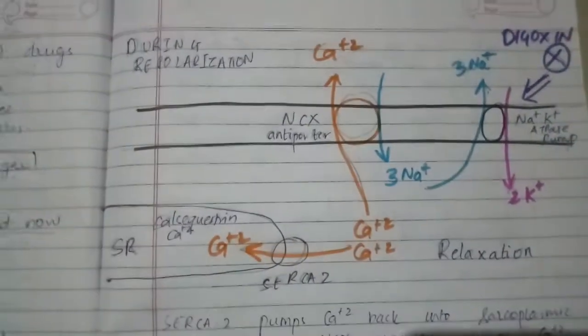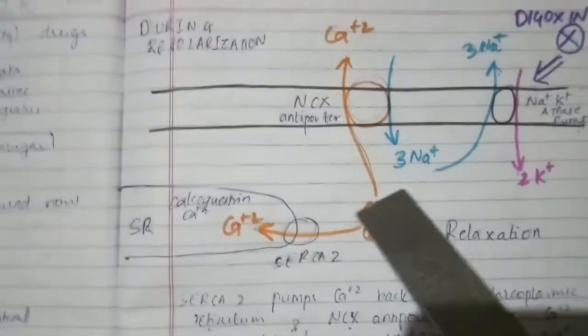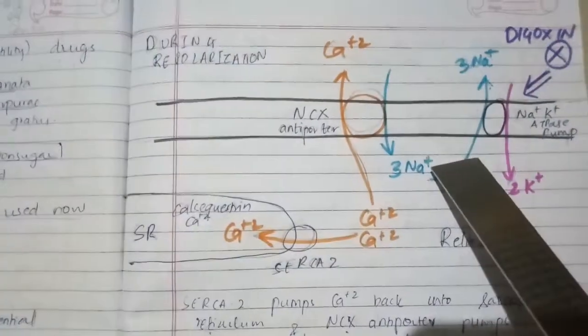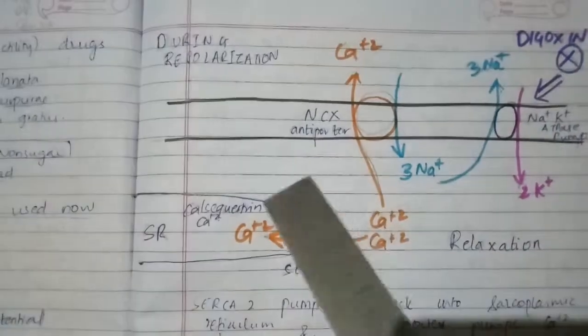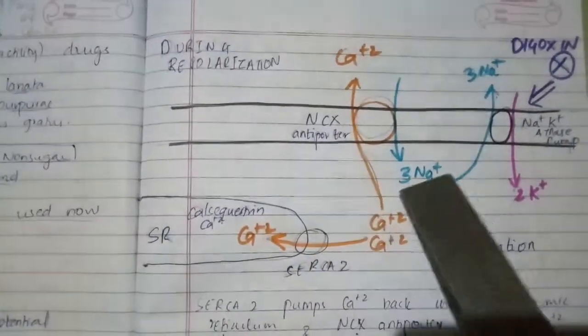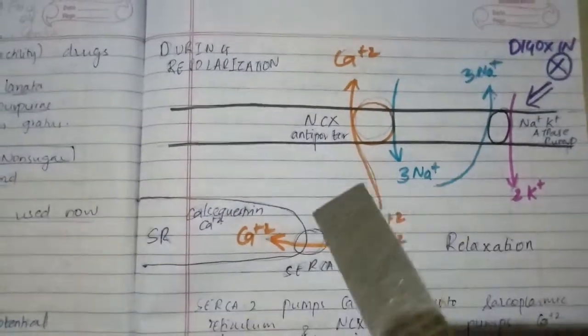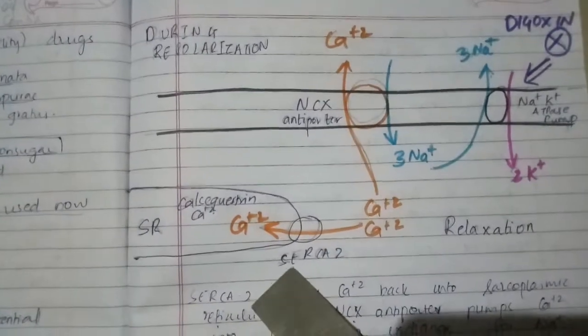For relaxation, this calcium has to move out of the cytoplasm, or else it will continuously form the actin myosin complex and the muscle will continuously contract.